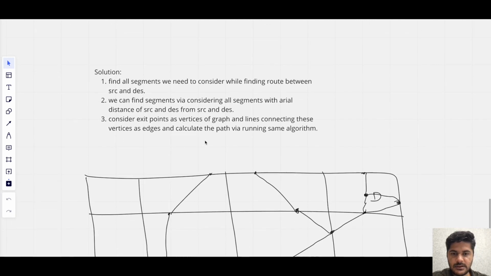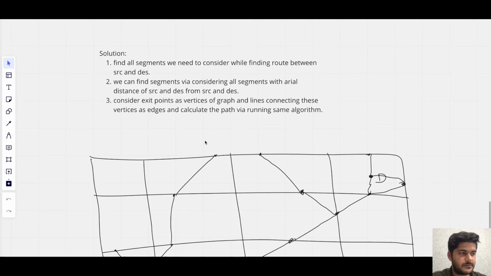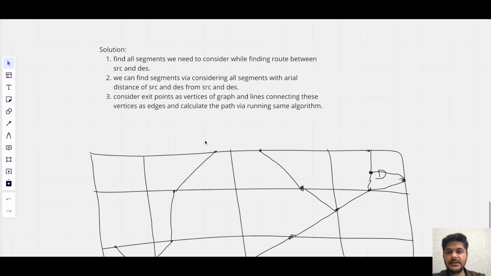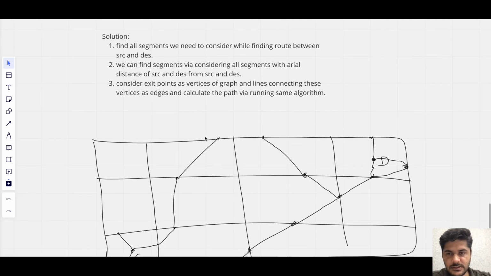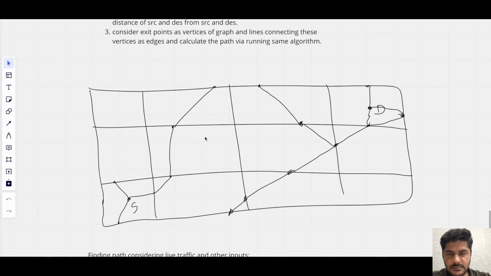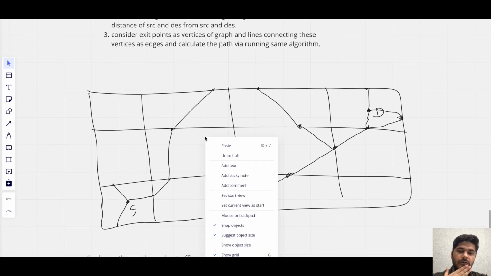Let's try to see that solution. There is a standard, well-defined way of doing this.